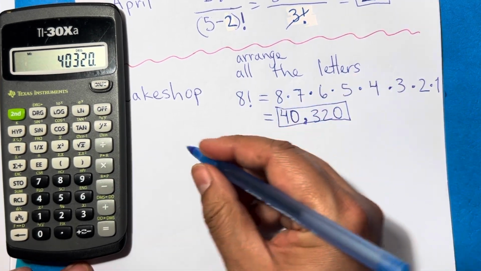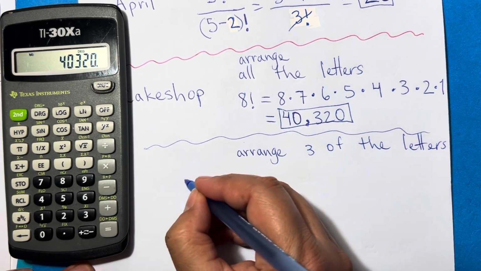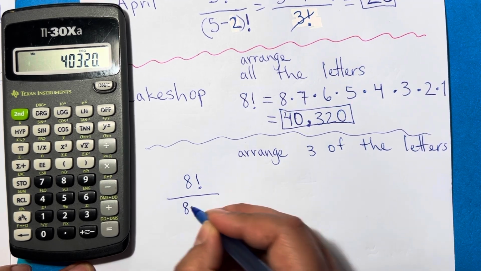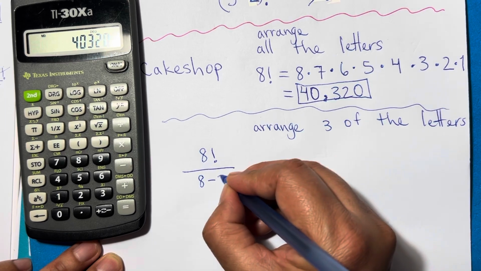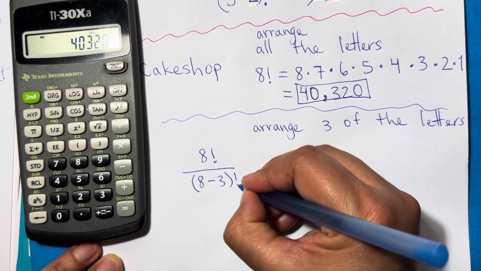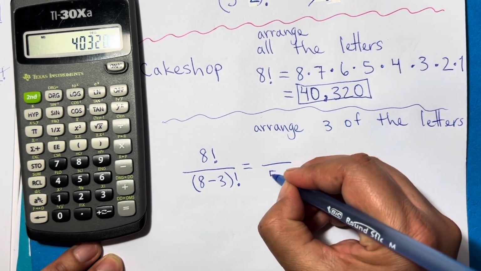Now, what if we only arrange 3 of the letters? So it's going to be 8 factorial, and then in the bottom we put 8 minus that number. Watch me put a 5 because I always put the answer. So 8 minus 3 is 5 factorial.